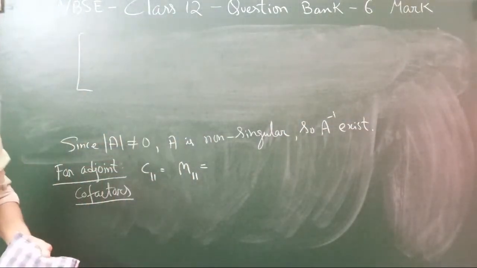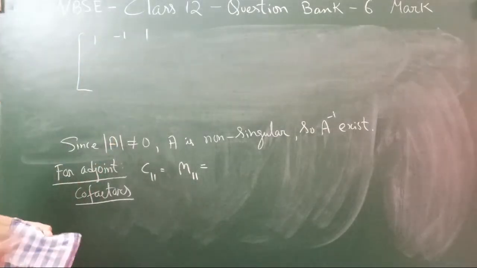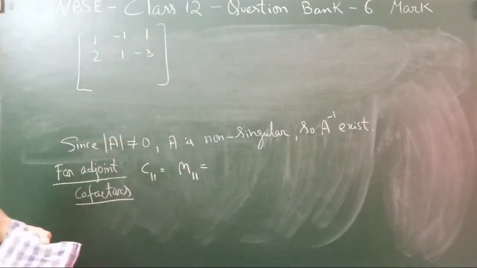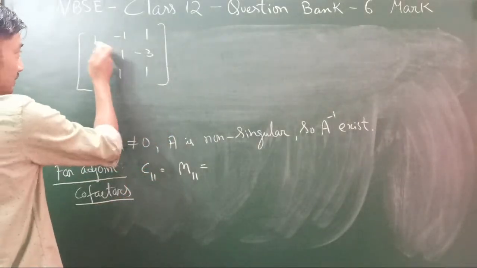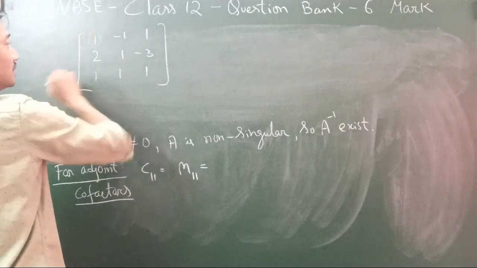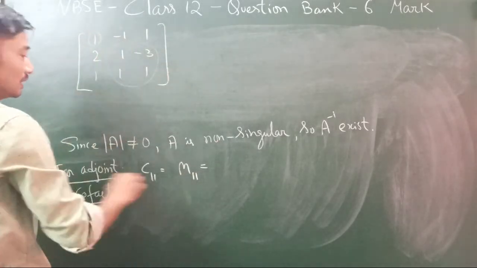So what was the matrix for us? 1, minus 1, 1. 2, 1, minus 3. 1, 1, 1. Okay. So minor. Again, as usual, 1, 1 means the first row, first element. Ignore its row and column. Find out the determinant of this.